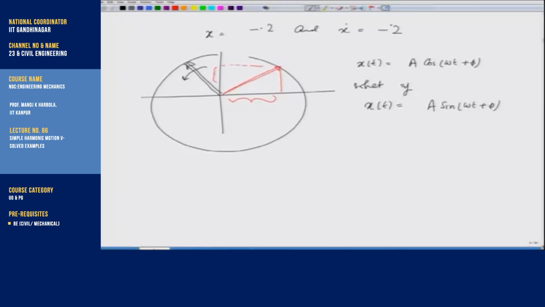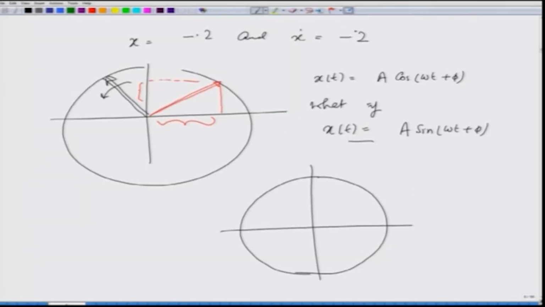If I want to represent the motion as sine, the only difference that will come, and after that I will leave it for you to work it out, would be that if the phasor is here, the motion would be projected on the y axis, and for the first quadrant now I am going to have x greater than 0, because this is what x is representing, and phasor is moving up. So, the point will be moving out. So, x dot would also be greater than 0. Notice in the cos case the phasor initially was here if this was the condition.